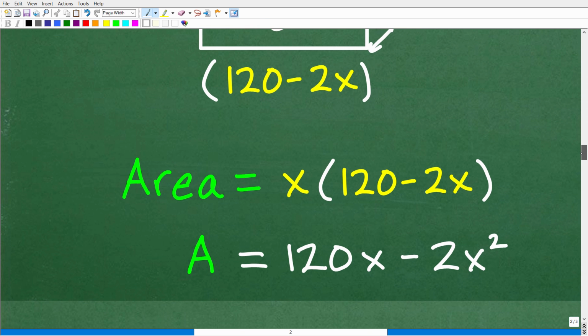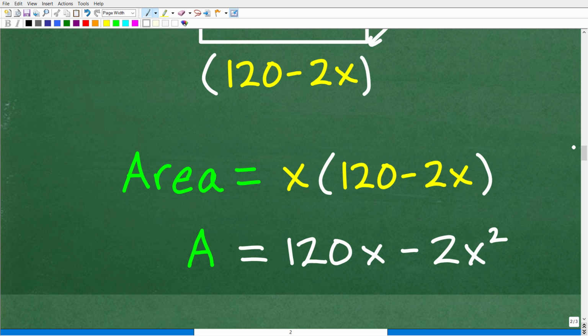So the area of this enclosure, we can have this algebraic variable model, x times 120 minus 2x, represent the area of this particular enclosure. What we want to do here is maximize this. Again, maximization or minimization is part of a broader topic called optimization, which is all over the place in math.